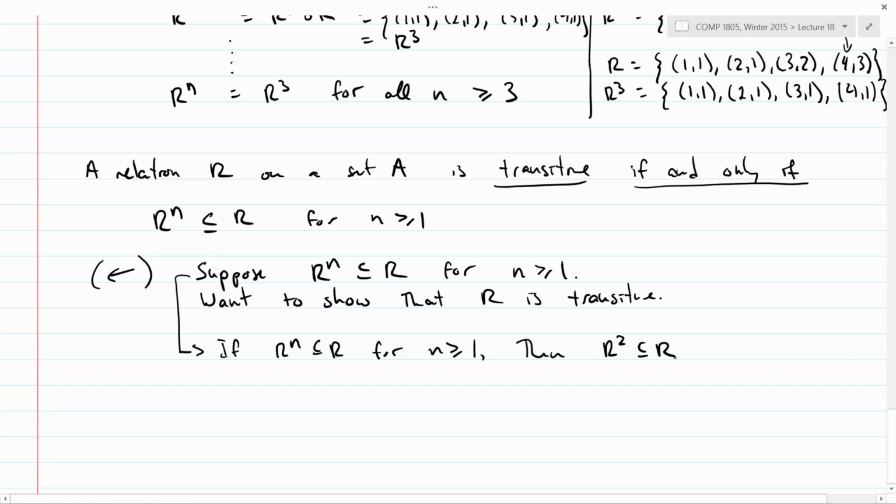Okay, so what does that mean? If R squared is a subset of R, what does that mean?